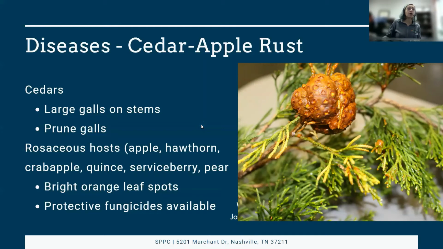So our apples, our hawthorns, crab apples, they will become infected by what this big gall will release. And you'll see bright orange leaf spots on the rosaceous hosts once we've seen these galls release their spores.